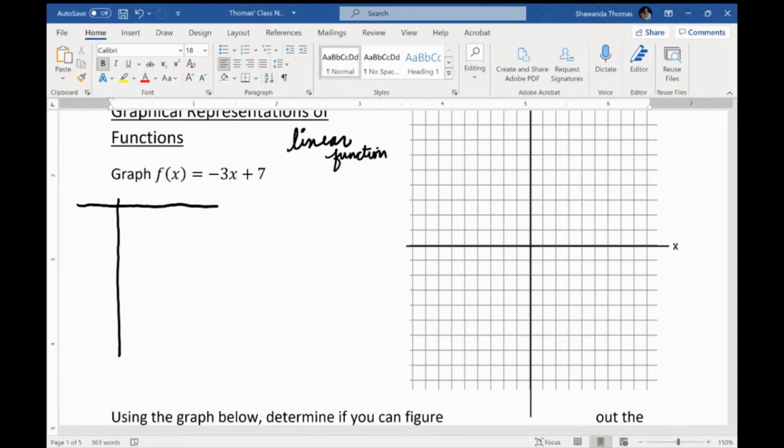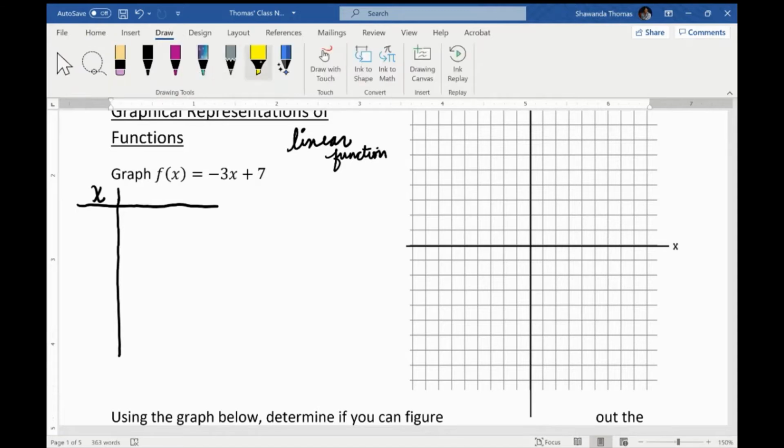Normally you have an x here, and then normally y over here. But since we're dealing with functions, what do y'all think we're going to put over there now? f of x. Yep. But I'm going to be extra, so I'm going to put all of it: f of x equals negative 3x plus 7.